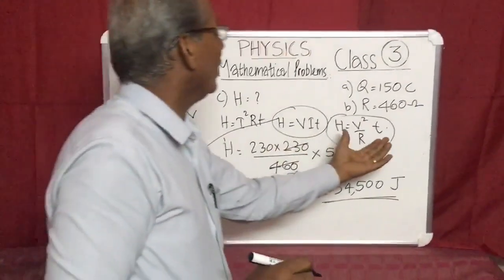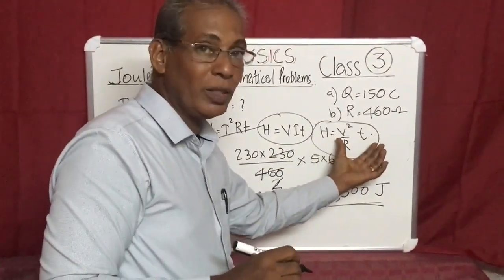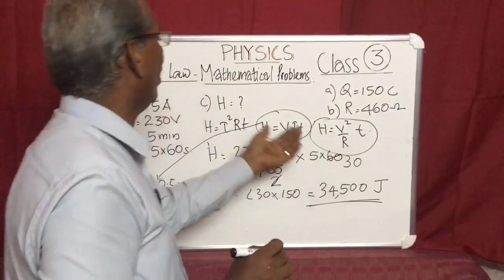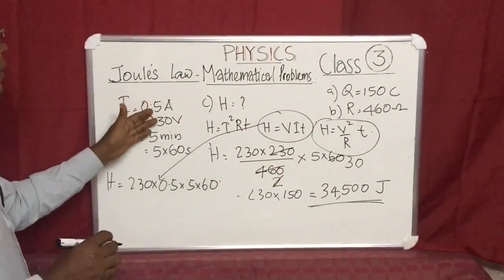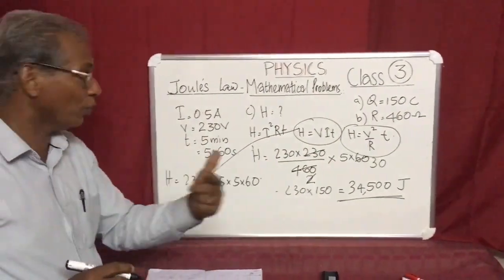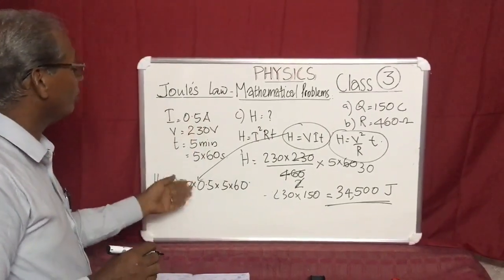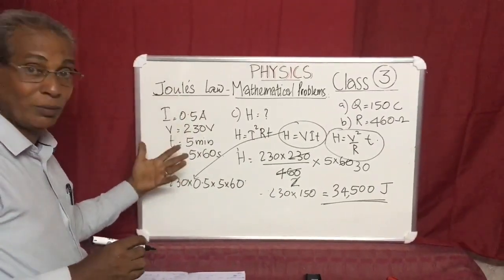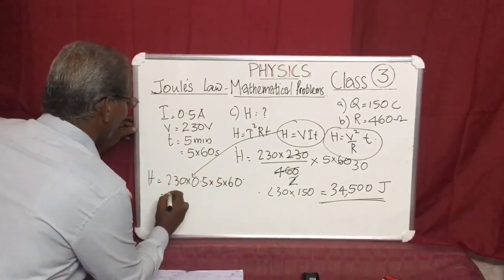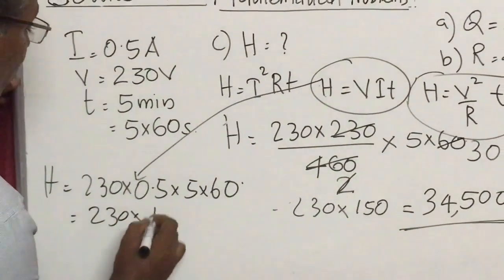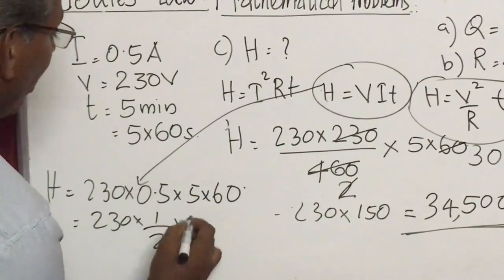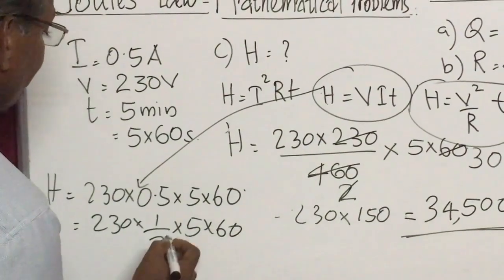I told you here no decimal comes, so we selected this one first to avoid decimal. But this decimal 0.5, as we told, is merely 1 by 2. It is not a complicated decimal, so we can substitute easily here also as 1 by 2 into 5 into 60.